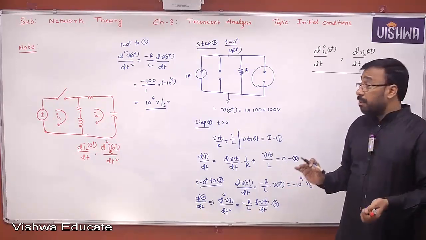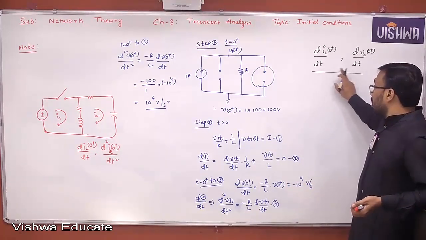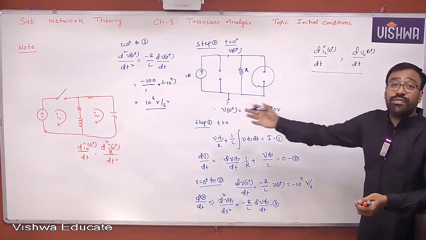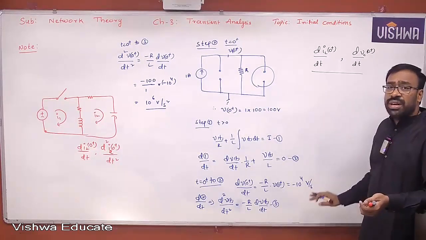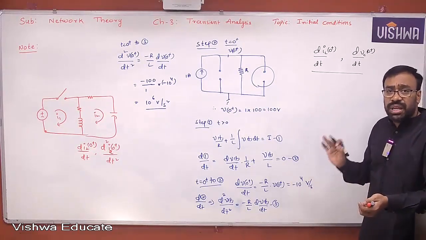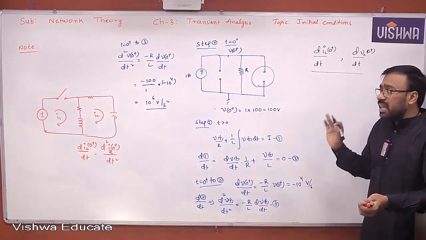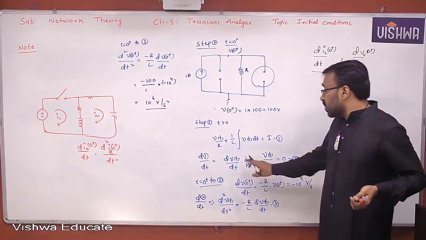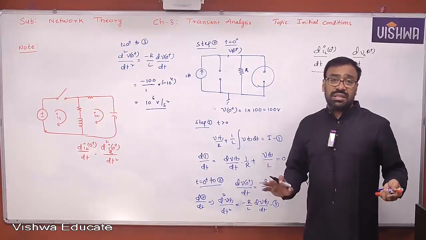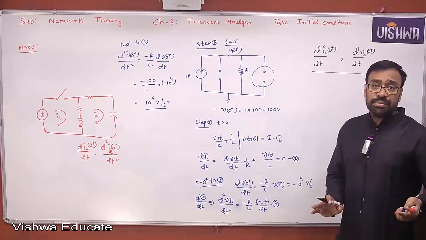Understand all of you? But these two quantities can be determined without obtaining the differential equation. I repeat once again, the difficulty involved in step 3 particularly, obtaining the differential equation for t greater than 0 in terms of the desired quantities, is itself a difficult task. It will take a lot of time. Understand all of you?